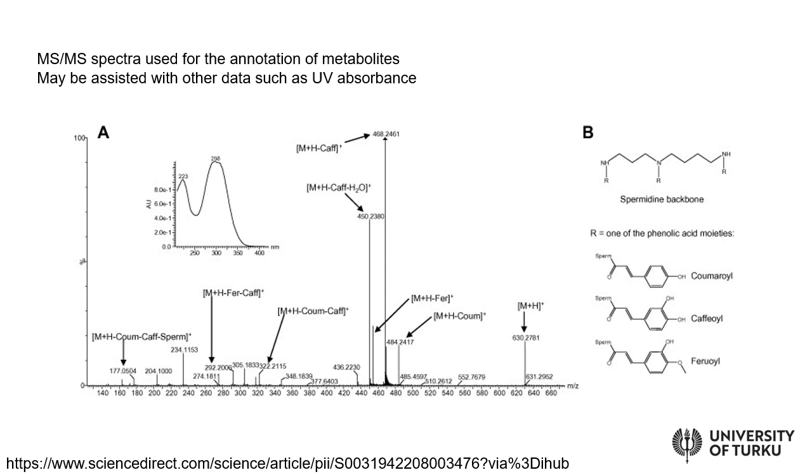So if you have a device that has, in addition to the mass spectrometry, also a UV detector, it's a great benefit, because the UV detector can directly tell you what metabolite class you are looking at. And then on the mass spectrometry side, you can have the detailed fragmentation pattern for each of the components.